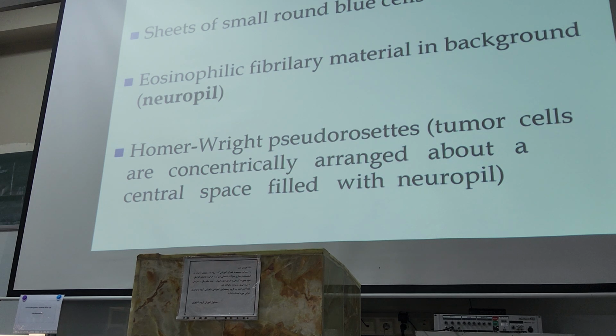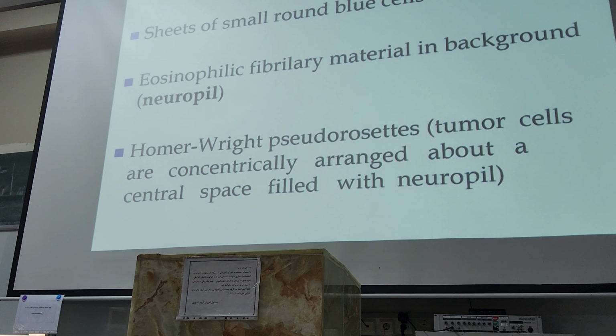Do you know what a rosette is? In pathology, a rosette is one of the histologic features which we can see in some tumors. In rosette formation, you can see the accumulation of tumor cells around a central area. The central area is different in different types of rosettes.